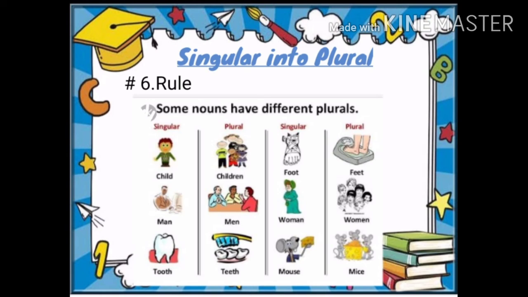For example, child is changed into children, so its plural form is children. Foot, its feet. Man, its men. Woman, its women. Tooth, teeth. Mouse, mice. So you have to remember these singular nouns whose plural form is completely different.